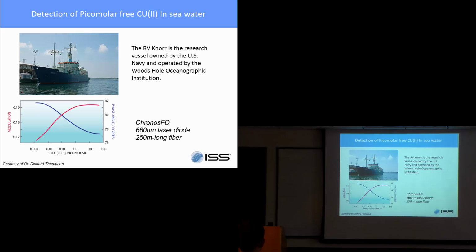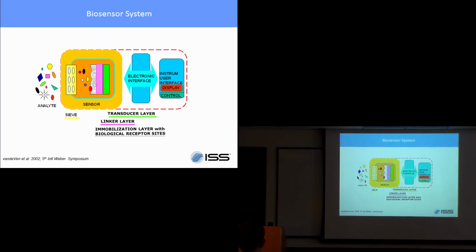He put the instrument there, and he connected fiber optic cables that were 250 meters long to the instrument. On the tip of the fiber optic, he placed the proper chemistry. So this is the trick here. You need to put the proper chemistry that interacts with the presence of copper ions.